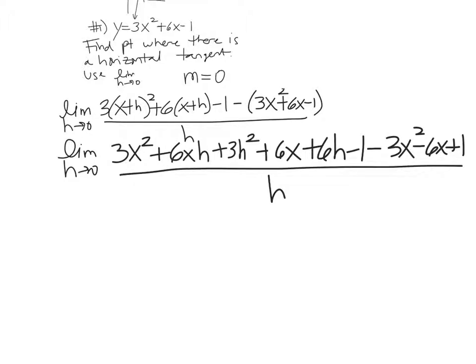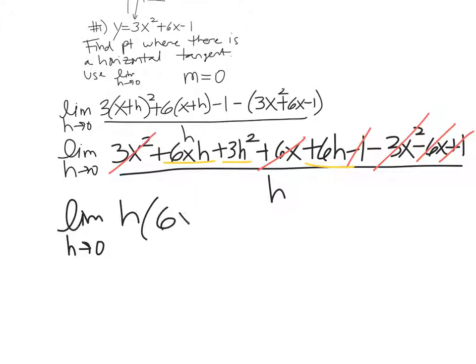Okay, let's start doing the fun part. Let's cancel some stuff out. So 3x squared and negative 3x squared. Positive 6x, negative 6x. Negative 1, positive 1. So I'm left with the limit as h goes to 0. Everything I have that's left has an h in it, and I'm going to factor that h to the front.